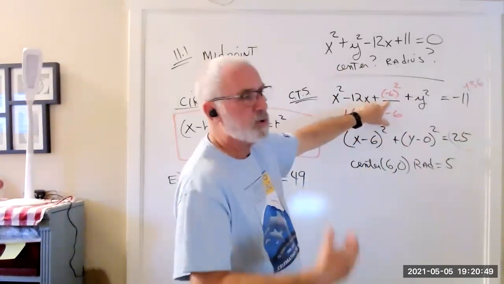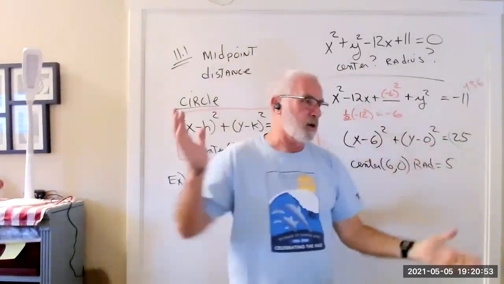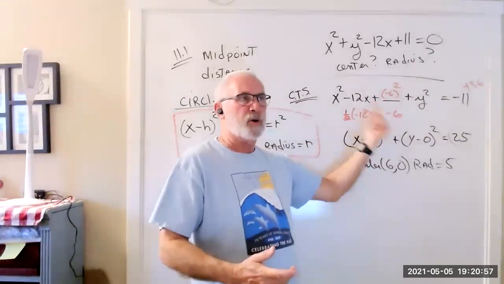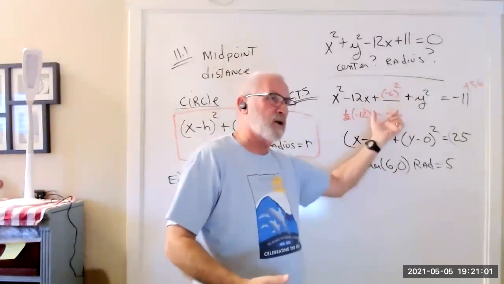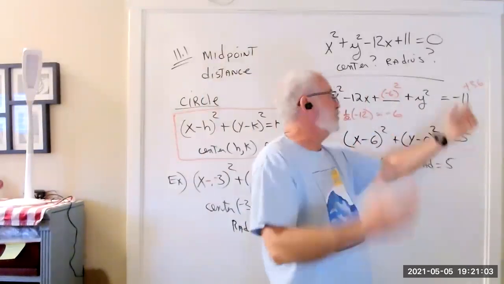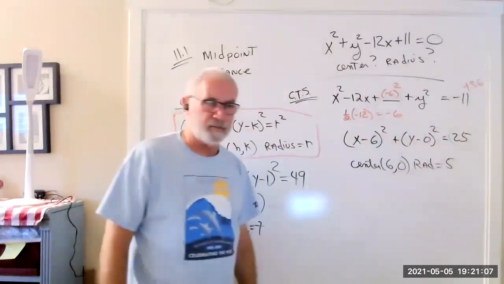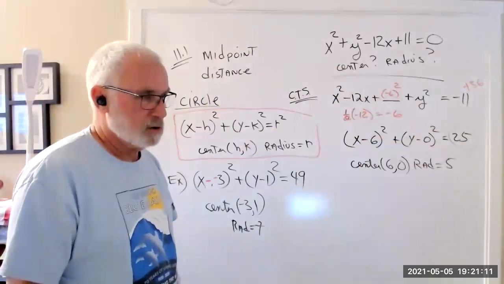That's right. You add it to the other side, because what you've just done is you've made this side of the problem 36 bigger. You've added 36 to this side of the equation. So to keep it balanced, you have to add 36 to this side of the equation. That's what I did. Thank you. Sorry about that. No, that's a good question.